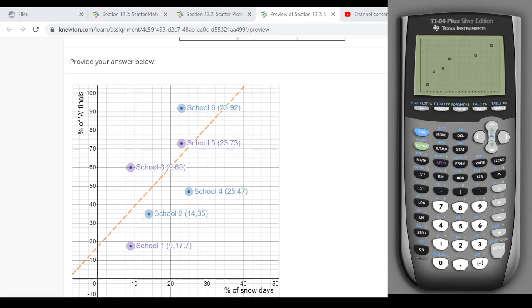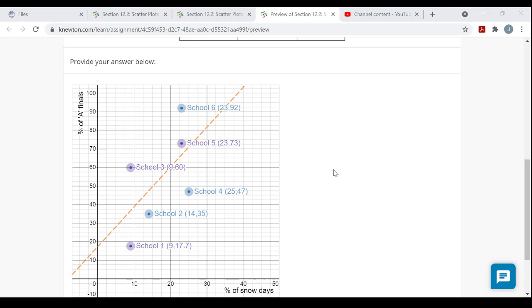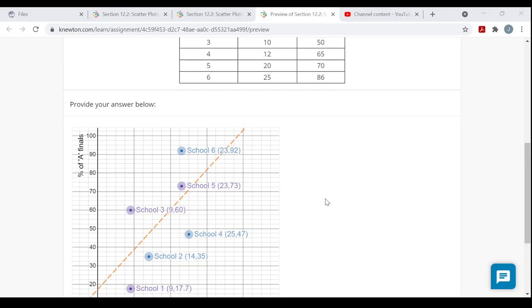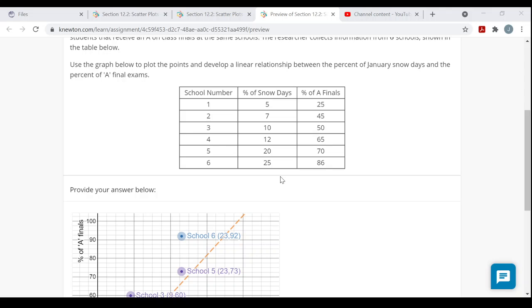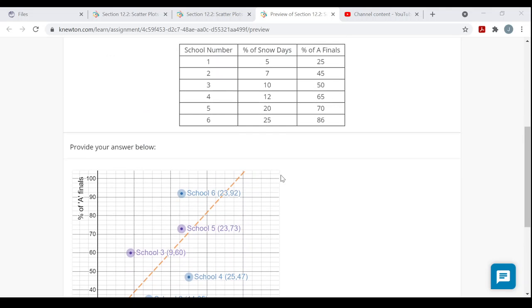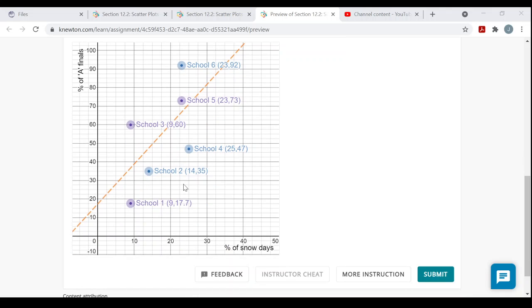All right, so back here, you just have to move all these points around. So this is kind of a bit tedious. And make sure you pay attention to what school is what. So school 1, 5% of the days in January were snow days, and 25% scored A's in the final. So move this to 525, right?